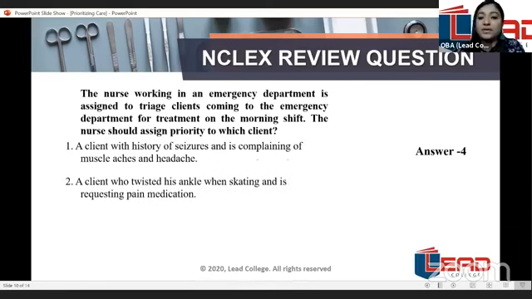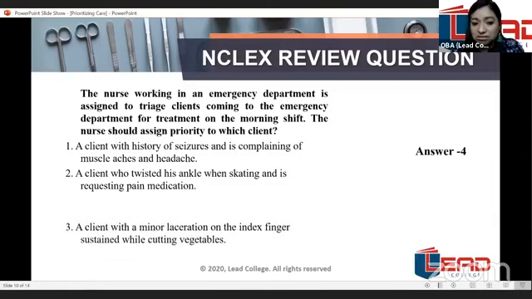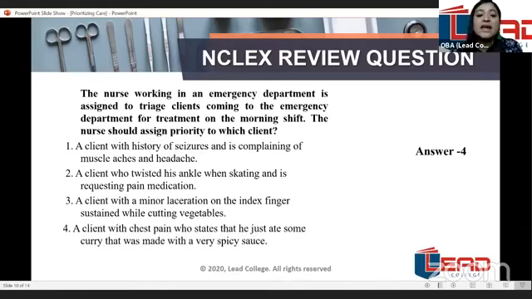I think I have already put the answer, I'm sorry about that. A client with a history of seizures complaining of muscle aches and headaches. A client who twisted his ankle while skating and is requesting pain medication. A client with a minor laceration on the index finger while cutting vegetables. And a client with chest pain who states that he just ate some very, very spicy curry.